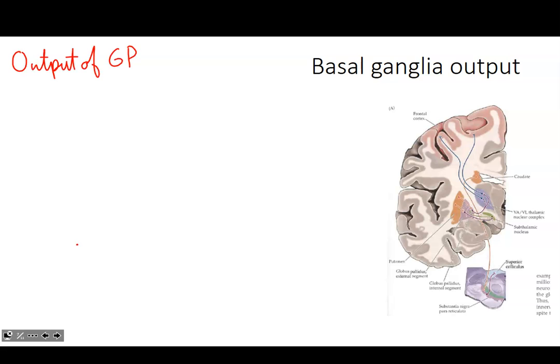Output of globus pallidus go to two different places, right? And so we're looking right in here. There's the globus pallidus. The first place they go is to the ventral anterior and ventral lateral nuclei, part of the thalamus.